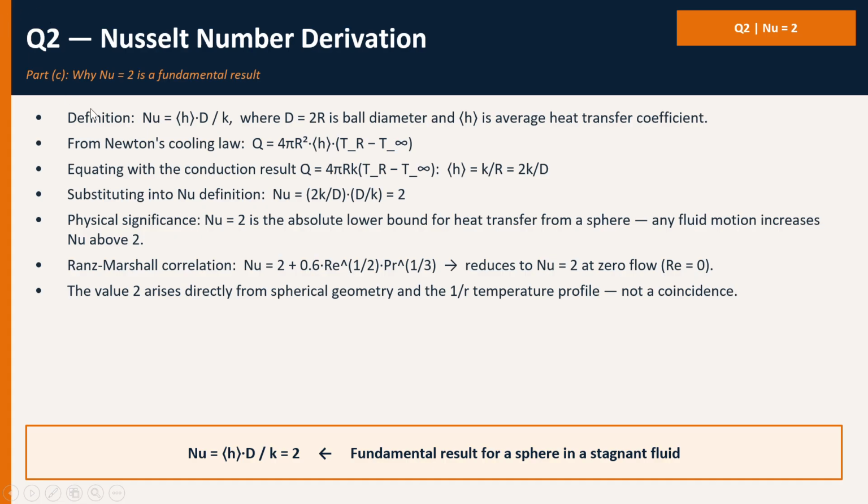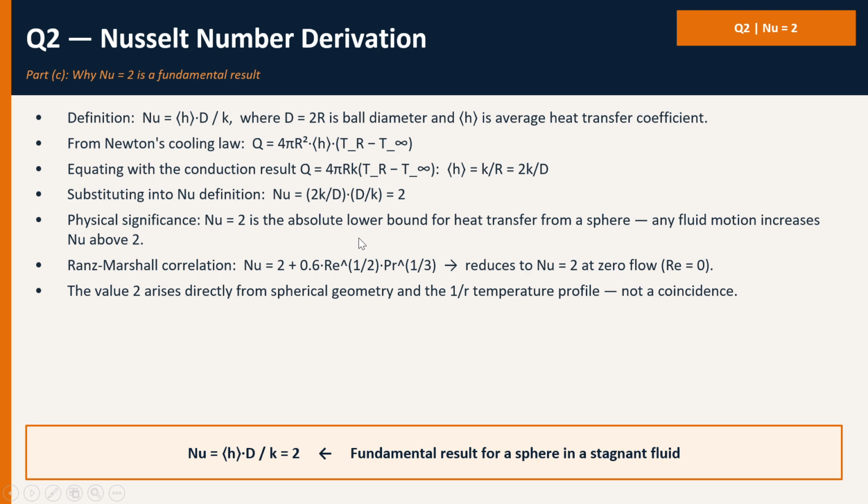Then we equate this to the conduction result we got earlier, 4 pi R K into (TR minus T infinity). When we equate the two, we get the average heat transfer coefficient in terms of K and D, that's 2K by D. When we put this relation into the Nusselt number, we get the value of the Nusselt number as 2.